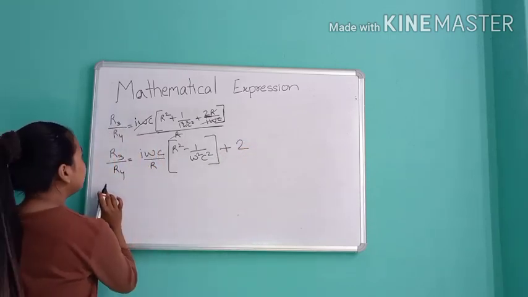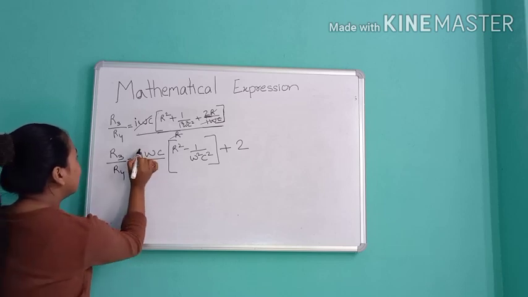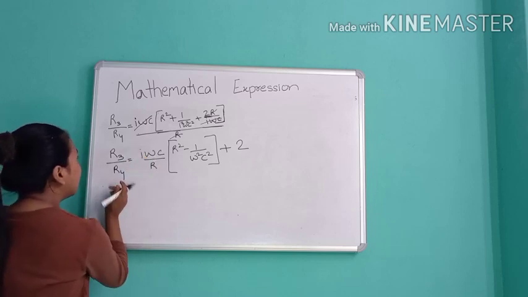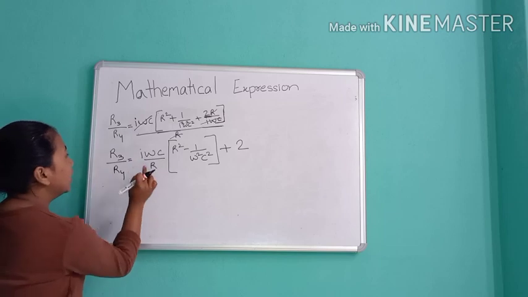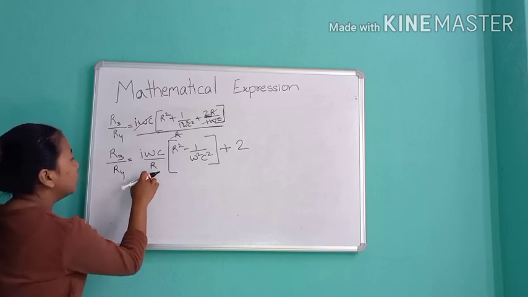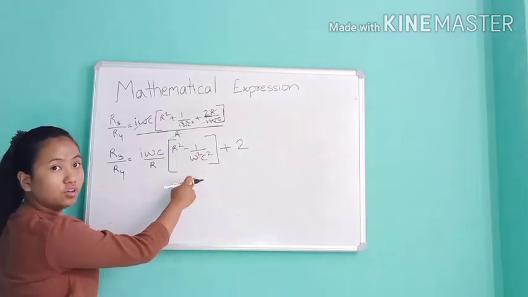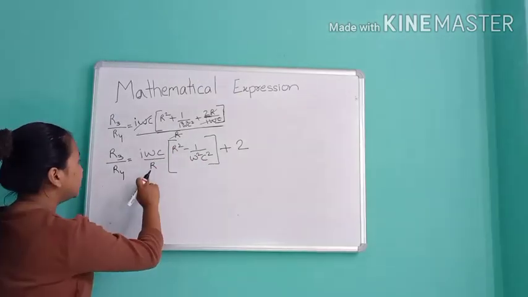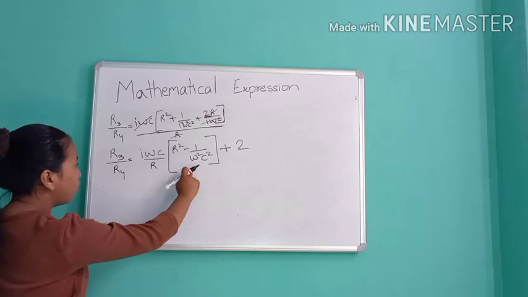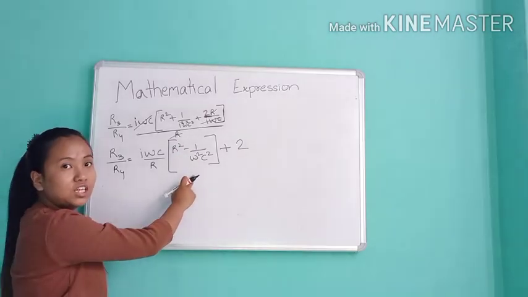Now as this term is imaginary and this term is real, so by multiplying imaginary components with real components, it will form imaginary components.